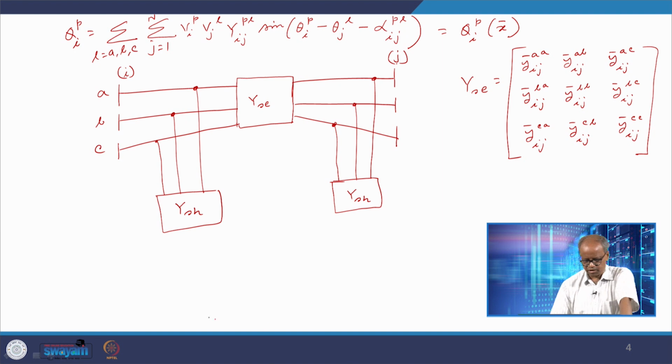and Y shunt matrix is also something like this.